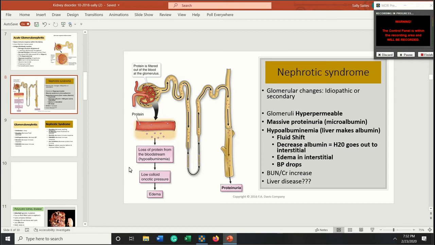This will show in the patient, as you will notice, an increase in edema from the fluid shift and a decrease in the blood pressure. So this is when the albumin comes into the interstitial spaces, and then the fluid leaves the vascular space and goes into the interstitial, causing edema.